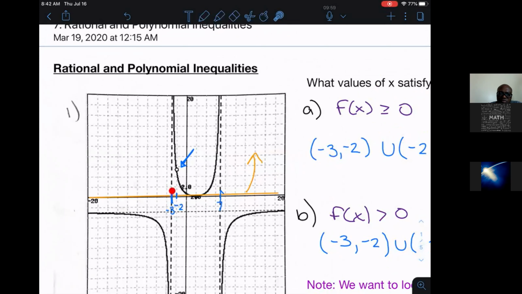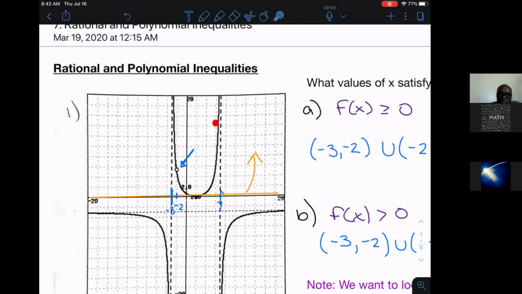It starts up here, goes down, up. This is where we reach the hole. Since we reached the hole, this point is not included, so we're excluding -2. When it's not included, we use a parenthesis, then a union, and now we continue from -2.